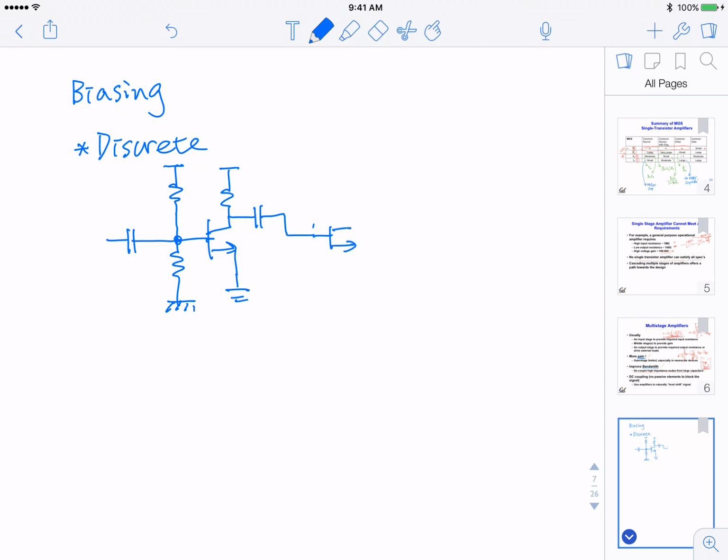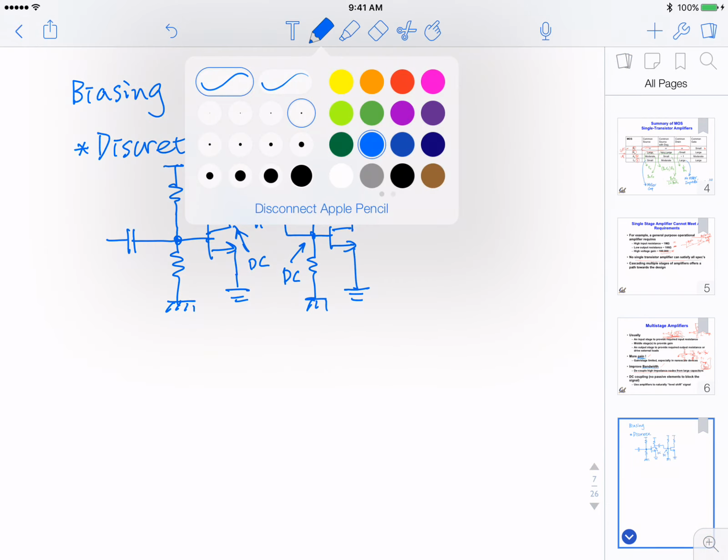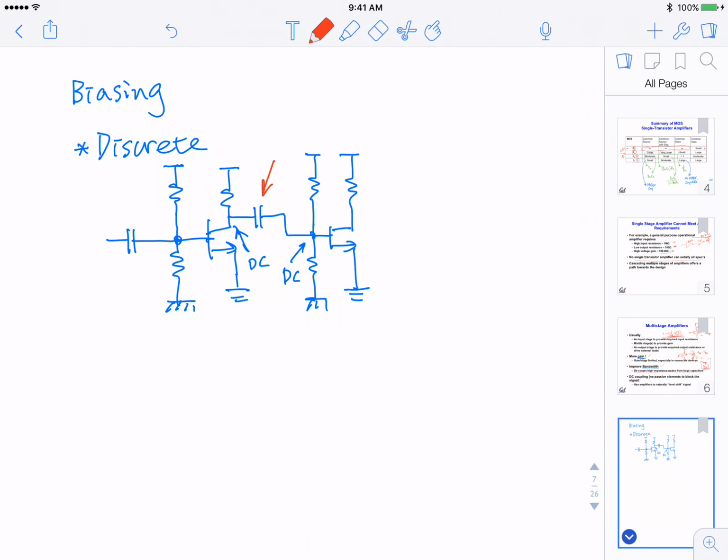So, let's say we have two common source stages, right? And this second common source stage also needs bias, and we have another resistor pair to bias it. So this DC point may be different from this DC point, and we use a capacitor to separate these two DC values.